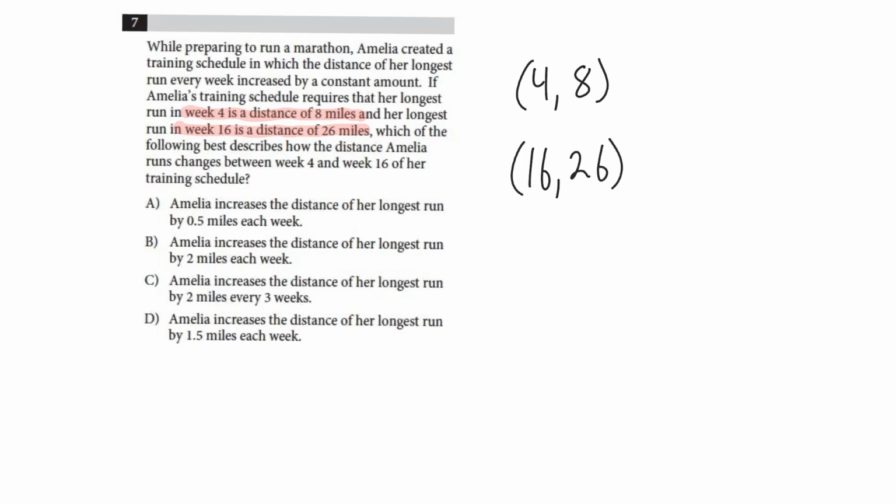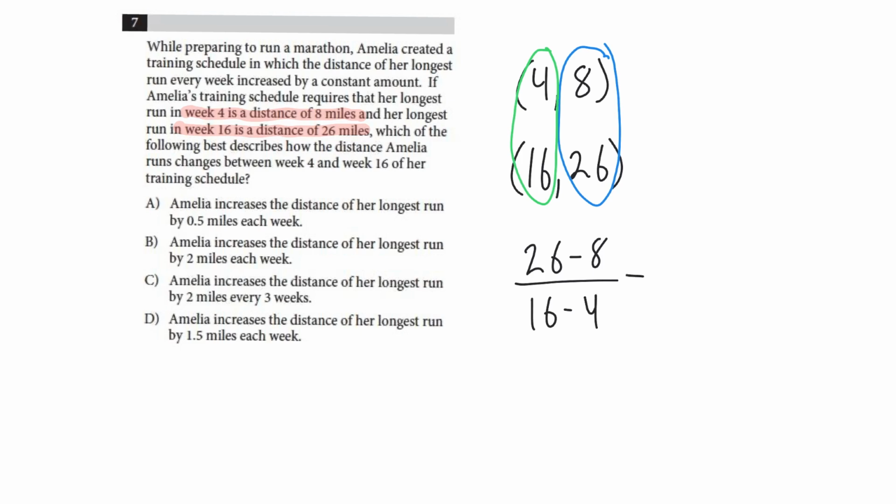It's a coordinate pair. Now, if we want to see the change between those two, we're just going to figure the slope between those 2 points. Change in the output over the change in the input. Okay. So what is the change in the output? 8 to 26. Well, it's going to be 26 minus 8. Change in the input is 16 minus 4.